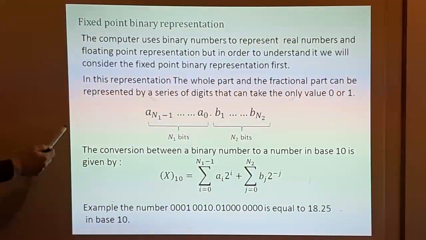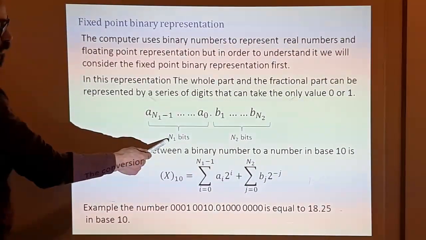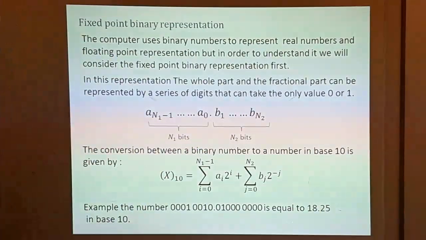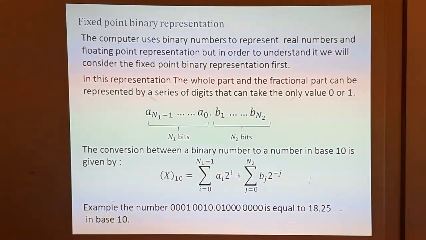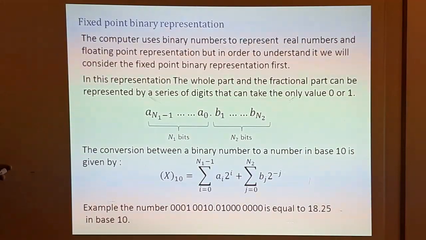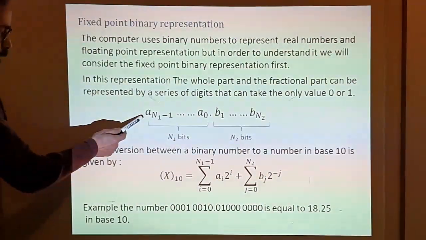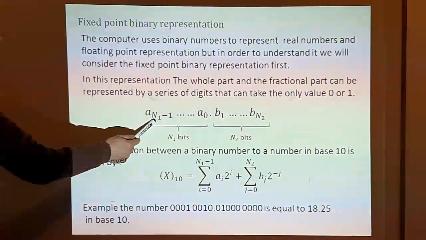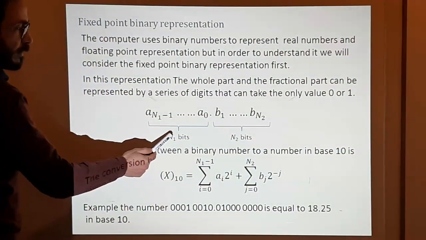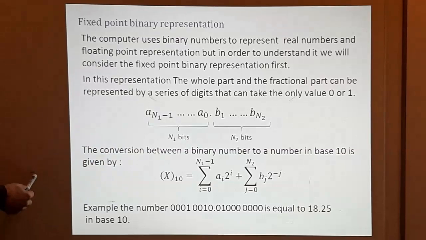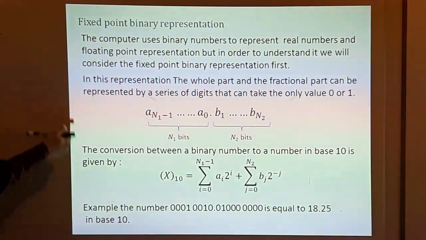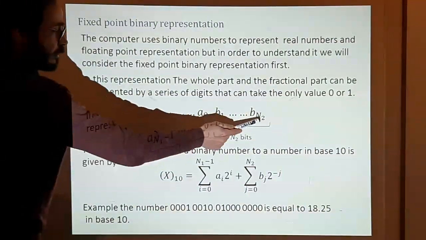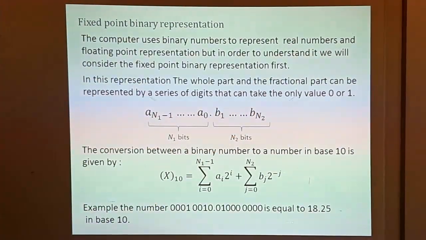For example, if I have n1 bits for the whole part and n2 bits for the fractional part, I will name the bits for the whole part ai, with i going from 0 to n1 minus 1, and the bits for the fractional part bj, with j going from 1 till n2.